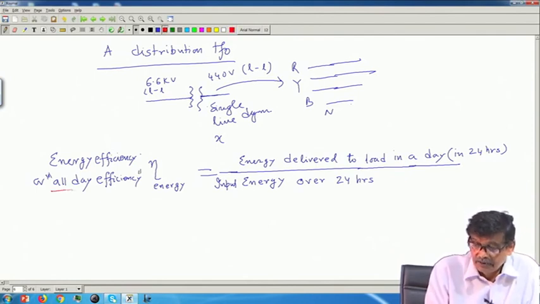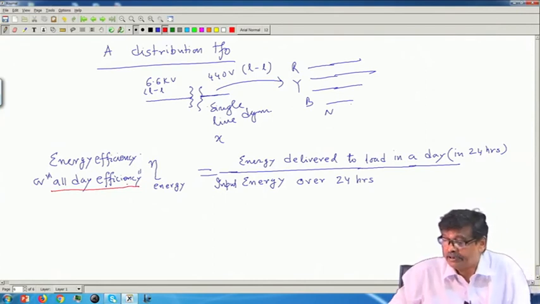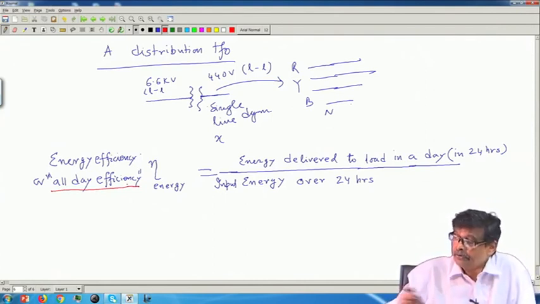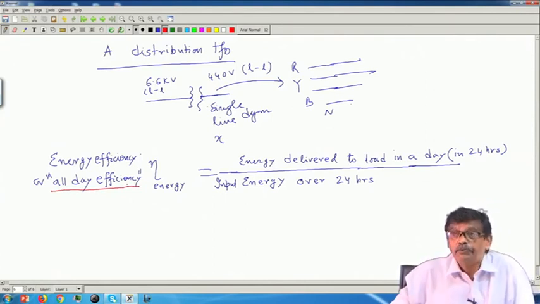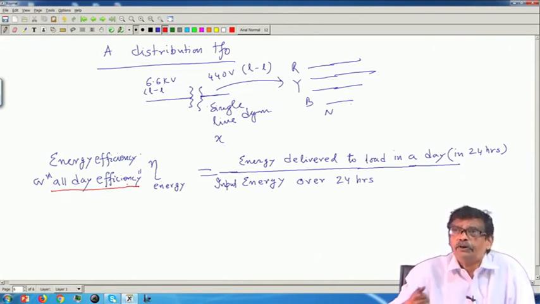Clear? We will discuss how to calculate energy delivered to the load in 24 hours and input energy over the same 24 hours. And from this we will try to say whether this distribution transformer is good or not.